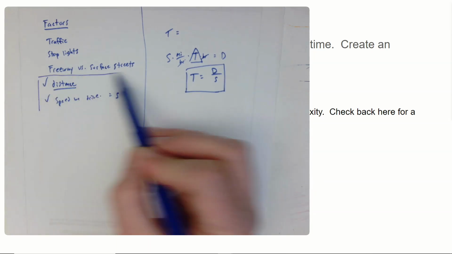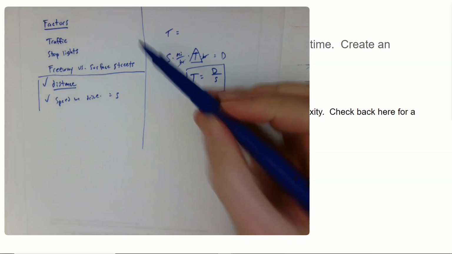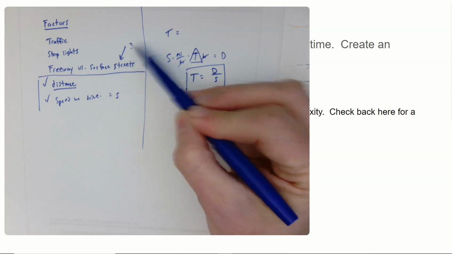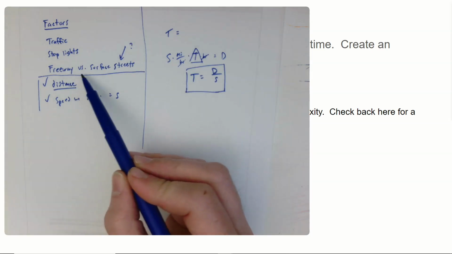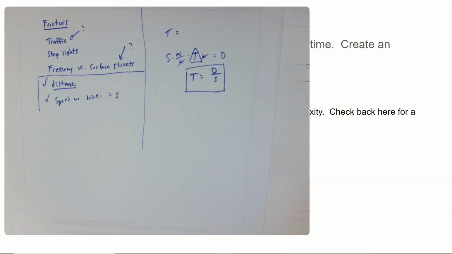Let's start to incorporate some of these other ideas. On the worksheet that I have linked, I have a couple of ideas for how you could think about incorporating the idea of freeway versus surface streets, and another idea about how you could incorporate the idea of traffic. So go ahead, try those out, and we'll do a final debrief right at the end.